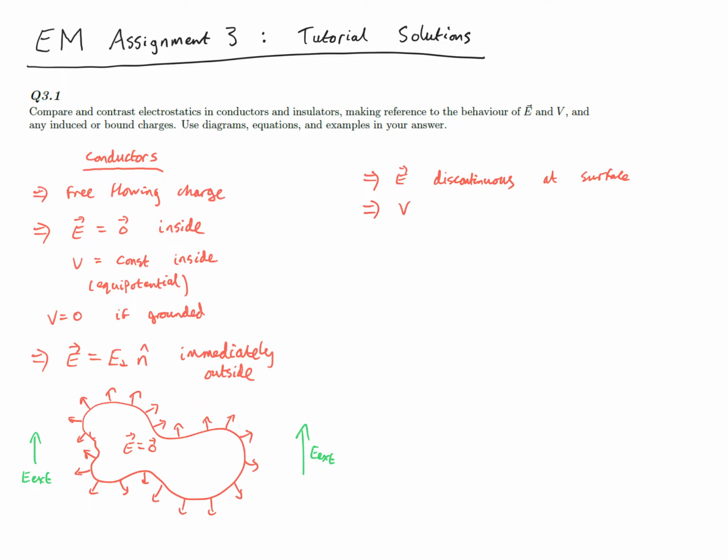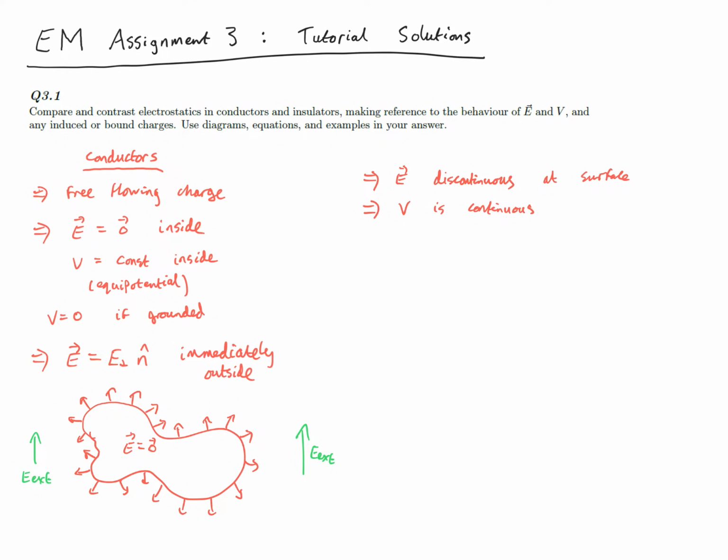The potential is always continuous. And the potential is always continuous because we need to take the derivative of the potential to get the electric field. And if the potential was discontinuous, that would correspond to an infinite electric field, and then we'd need an infinite force to push a charge through that part of the system, and therefore that's a non-physical kind of situation.